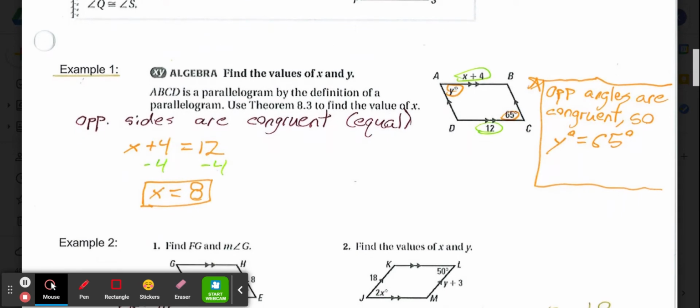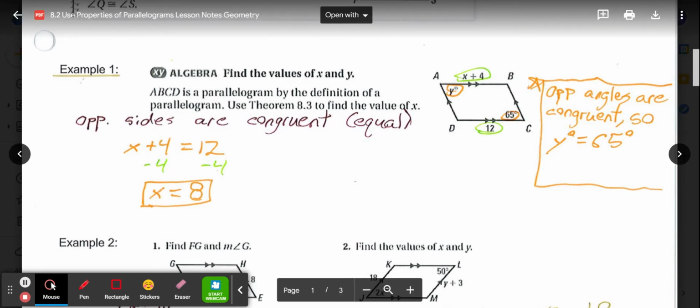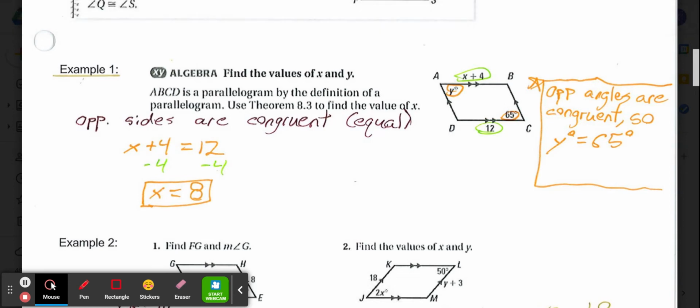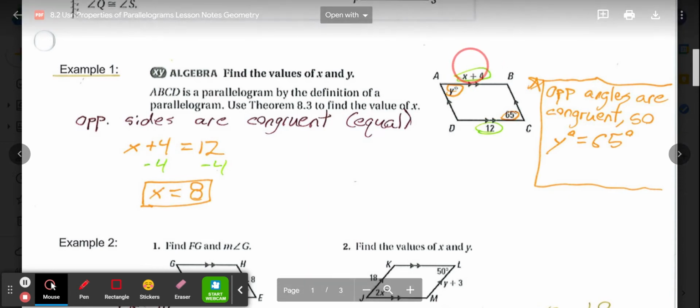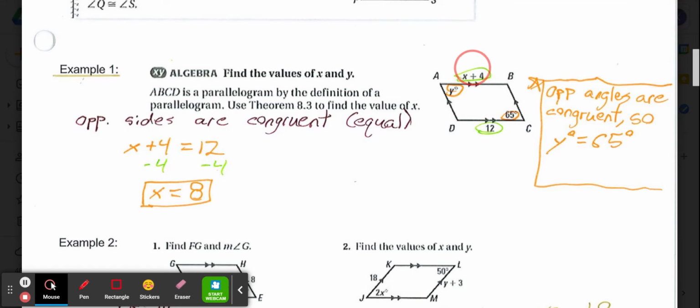Here, finding the values of x and y. So it says ABCD over here is a parallelogram. Use theorem 8.3 to find the value of x. So side AB is the length x plus 4. Side DC is the length of 12. So we know they're equal to each other.